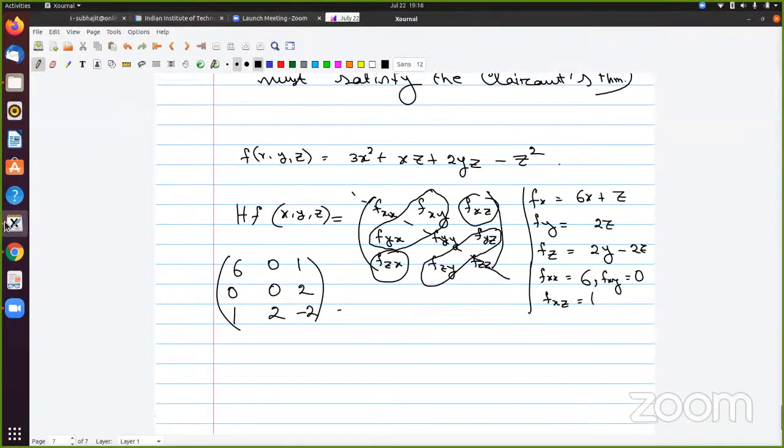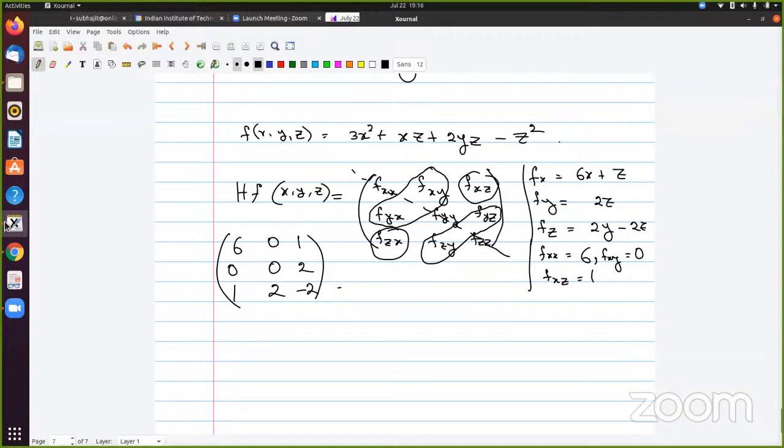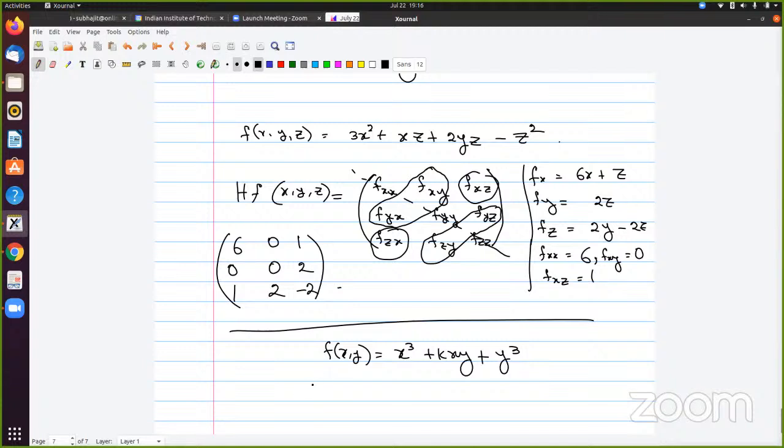So fx is 3x square plus ky, and fy is kx plus 3y square.